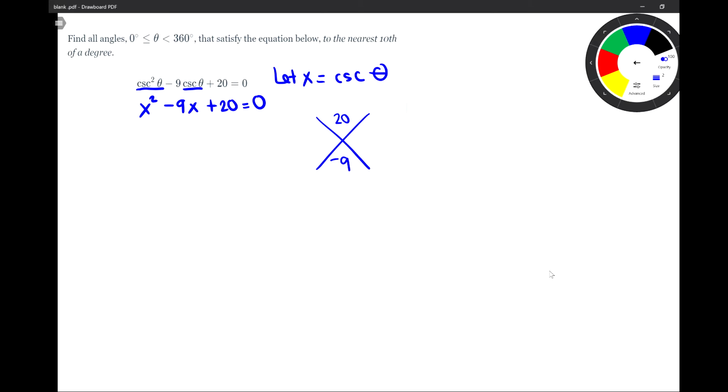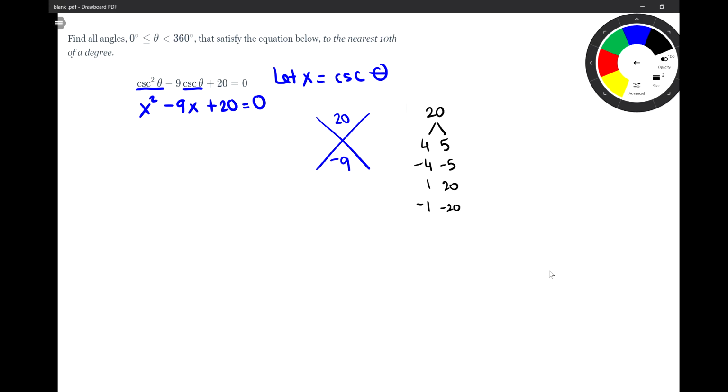That means I'm looking for factors of 20. So this can be 4 times 5, or negative 4 times negative 5, 1 and 20, or negative 1 and negative 20.